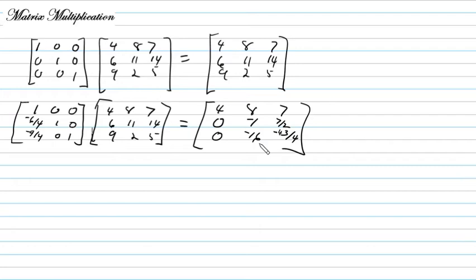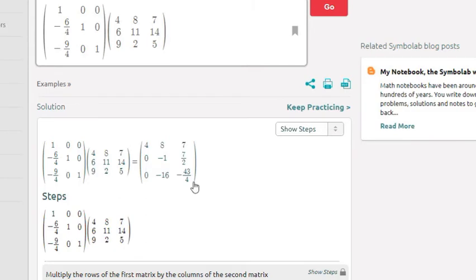I think when I copied it down, I have a piece of paper here that I'm working with, keeping track of what I do, and I wrote down minus 1/6. So I was correct then, and let's see, is it minus 43/4? Let's look again. And yes, minus 43/4. So it's 4 7 0 minus 1 7/2, 0 minus 16, and minus 43/4.